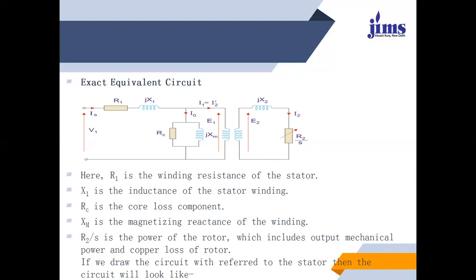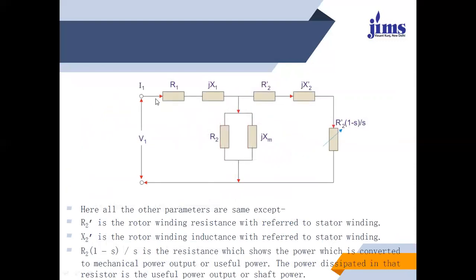If we draw the circuit referred to the stator side, it will look like this, where R1 and jX1 are on the primary side, and RC and jXM are also placed there. But the right-hand side components are transformed towards the primary side.